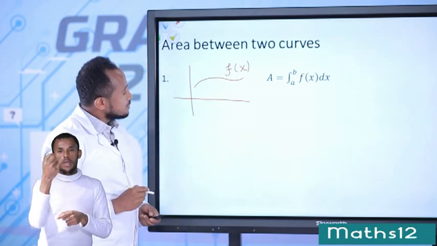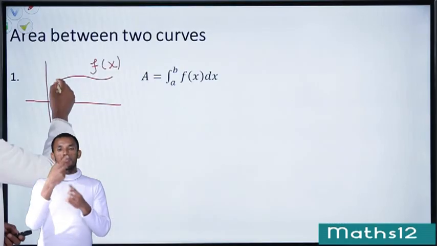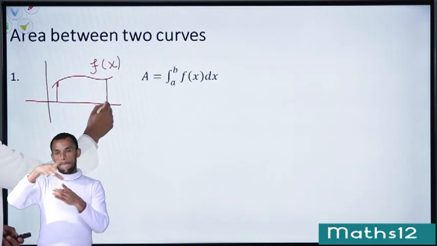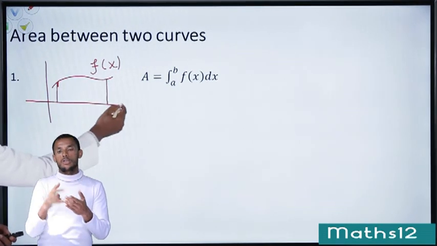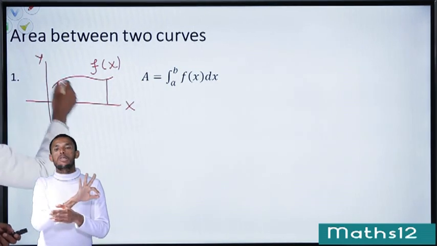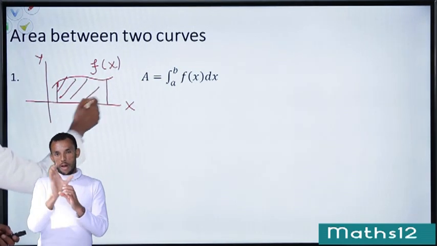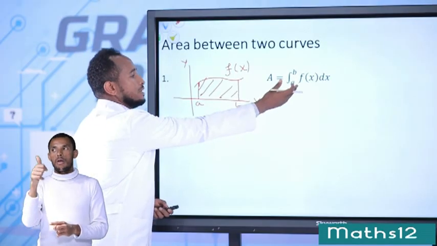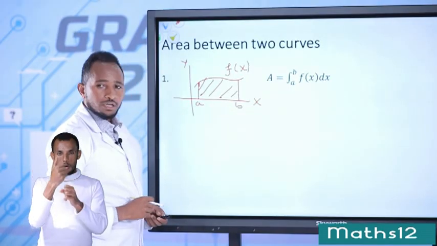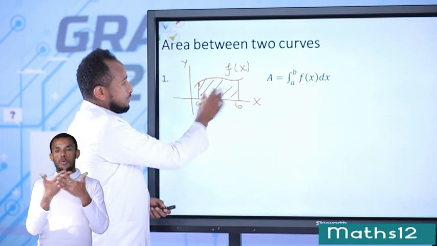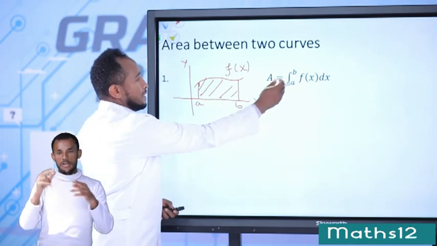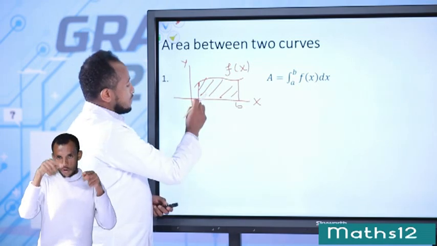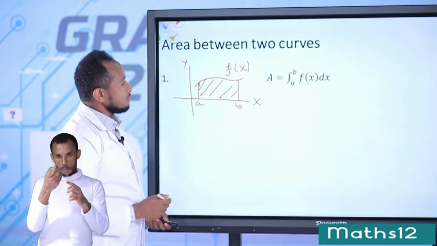If we are asked to calculate the region bounded by this curve and the x-axis from interval a to b, simply you apply this equation. So the area of this region is the integral of the function f of x dx from a to b.